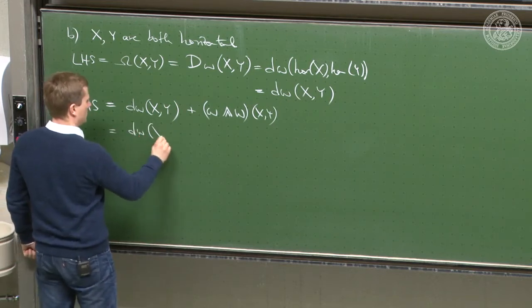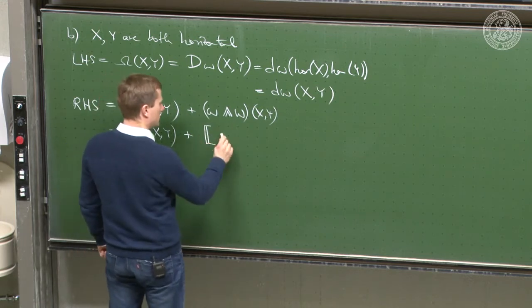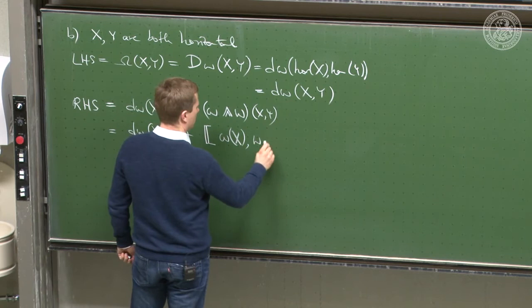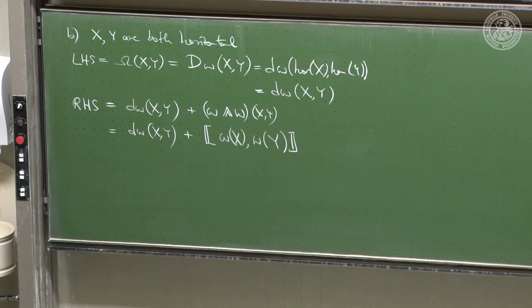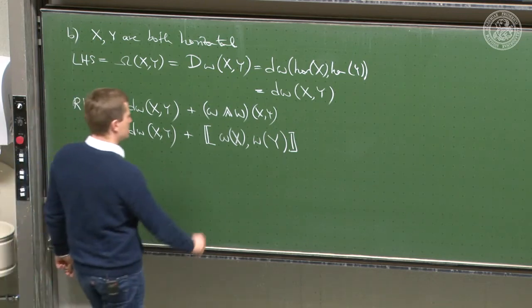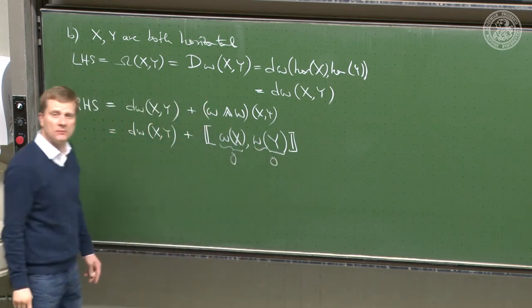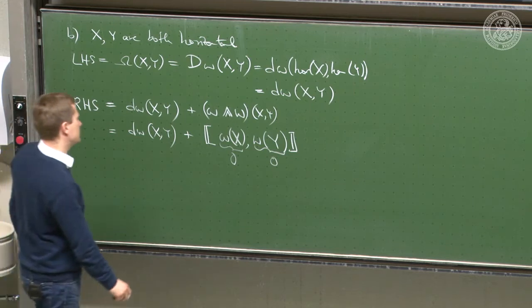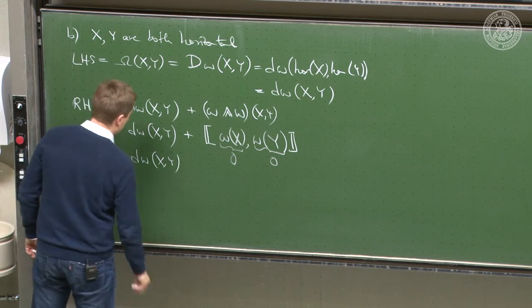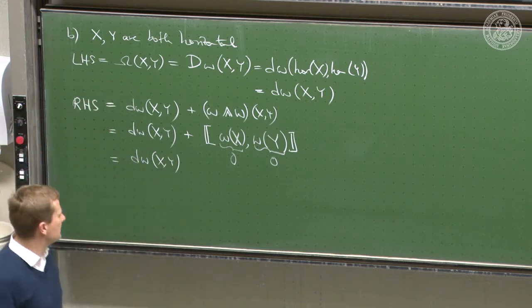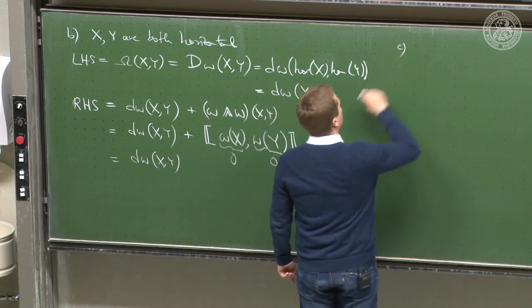This is the Lie bracket of omega of x and omega of y. But now they're both horizontal, and in that case we know the omega acting on a horizontal vector field is of course 0. And that's a bilinear bracket, hence the entire bracket is 0. And indeed, the right-hand side is simply also the exterior derivative. So case B is also under control.